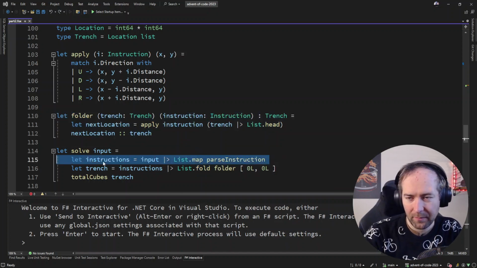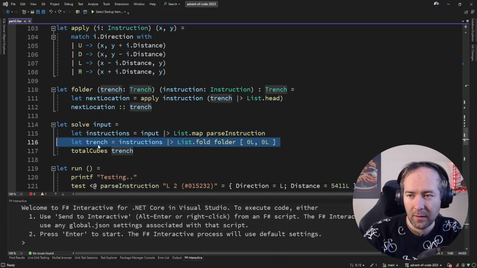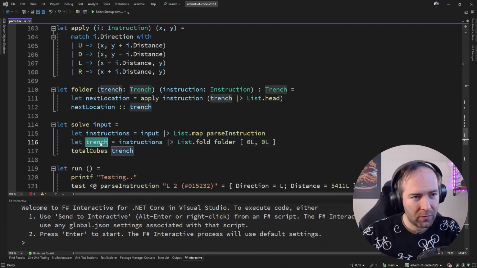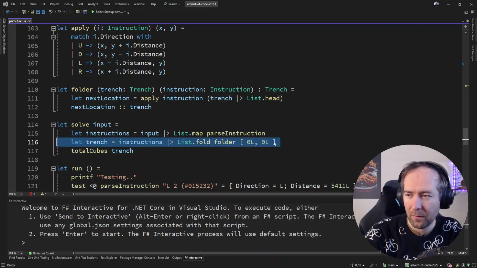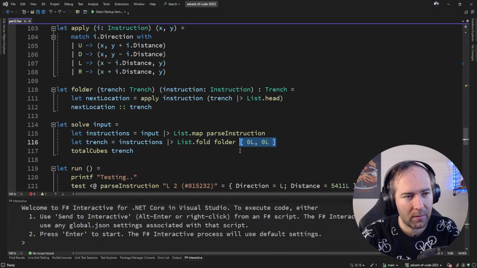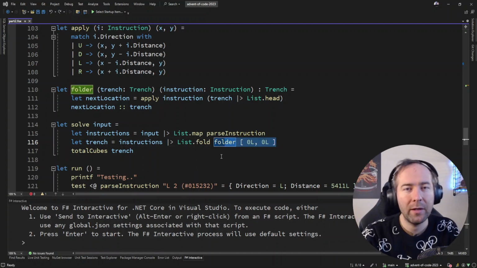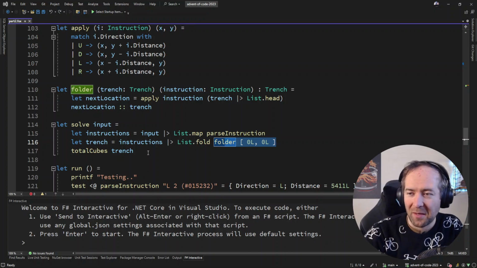So let's take a look here. Solve just parses my input to instructions. Then I build my trench, or the corners of my trench at least, using a fold. And this is our starting state, which is the first node we start at. I randomly chose origin, but this can be anything, but origin makes most sense, I guess.